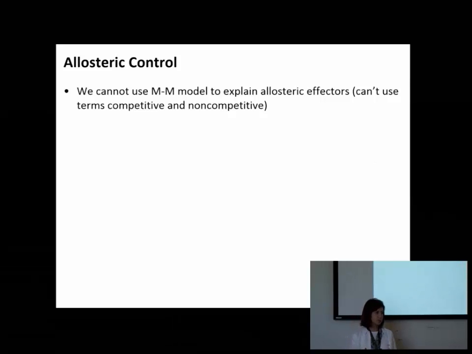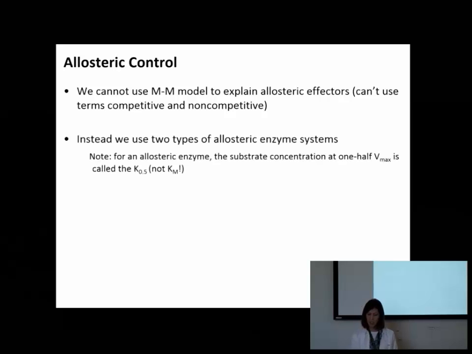It means the same thing. It's just going to be a different term because Michaelis-Menten is for non-allosteric enzymes, and you can't have a Michaelis constant if the Michaelis model is not valid. So it's the same concept. It's meaning the affinity of the enzyme for the substrate. But instead of calling it Km, we call it K0.5.